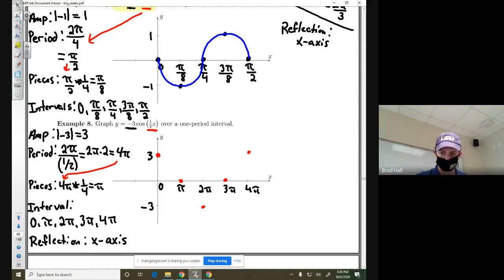But with the reflection, that top point reflects down here, the middle point stays the same, go up here, middle point here. So I'm going to erase those, and we can go ahead and fill in final details. And that is the graph.